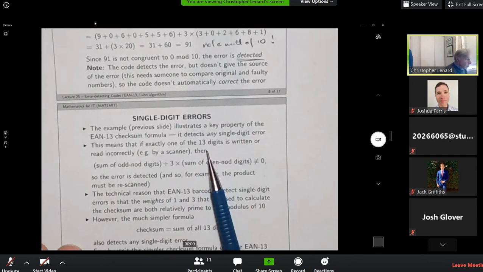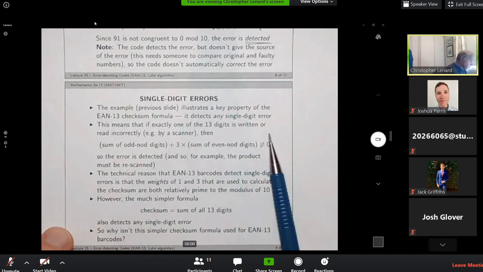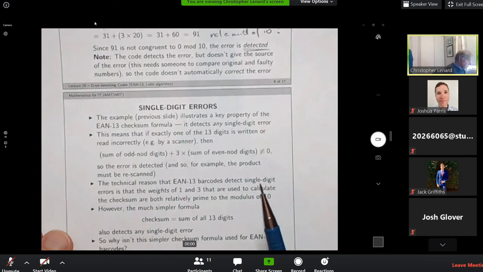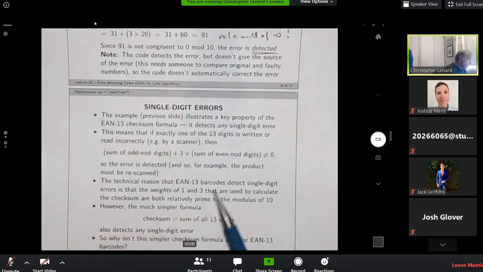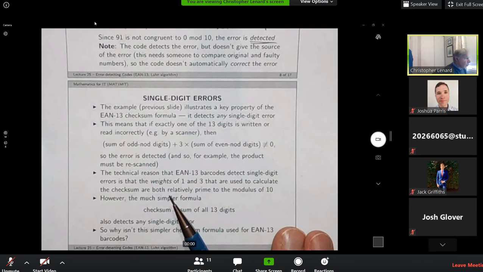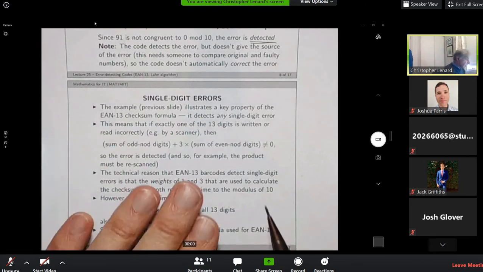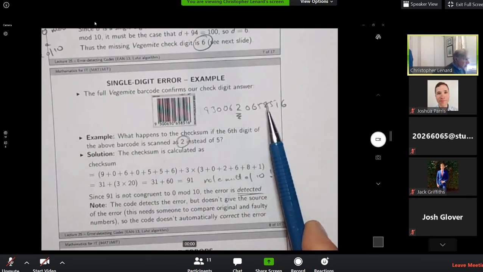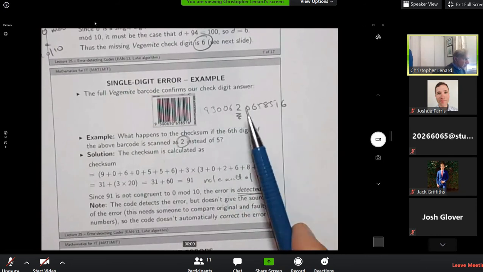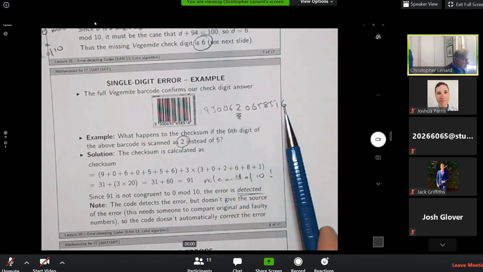Part of what's happening is something that can happen more generally, which is that this checksum formula can detect a single digit error. If I make a mistake in just one digit along here, then the checksum formula will say, no, that isn't right.